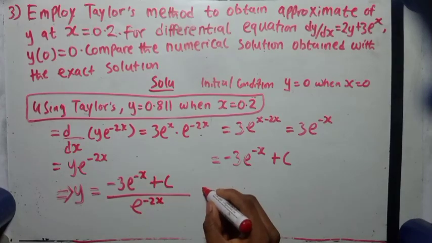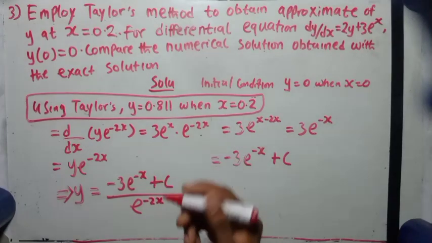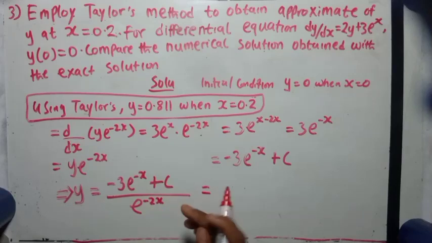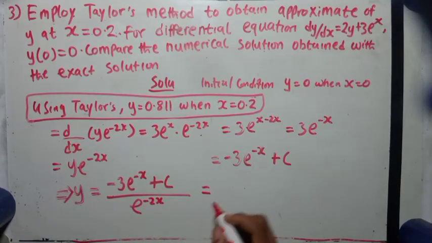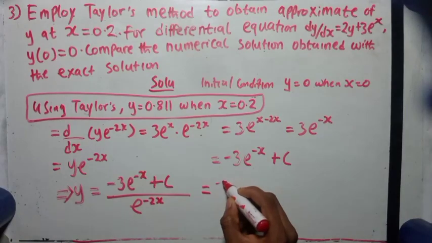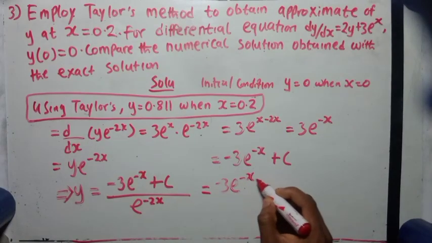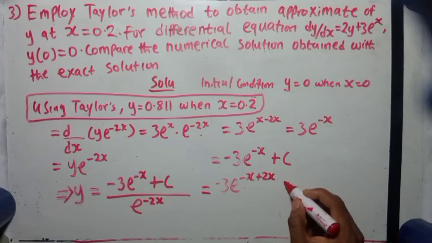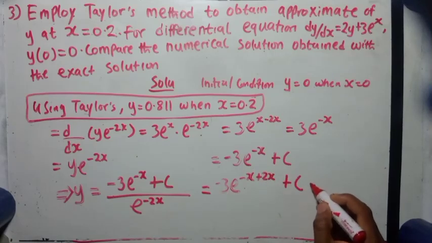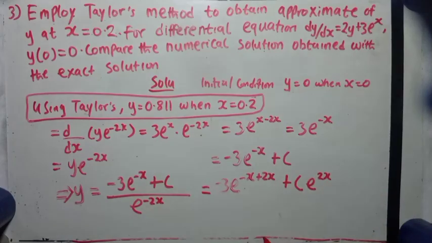Now we can also rewrite this since we have a negative power. When we take it up, the minus sign will disappear. This is indices. So we are going to have minus 3 exponential minus x plus 2x and then plus c exponential 2x.